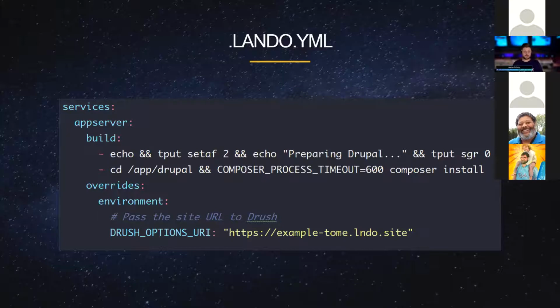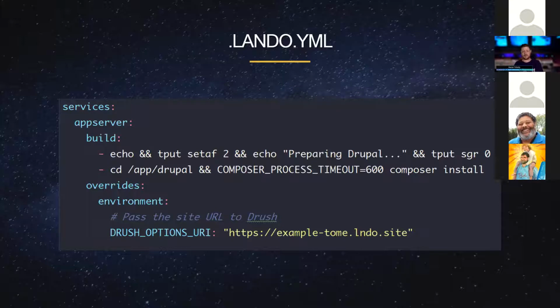So actually, App Server is just our Apache and PHP. So what I'm doing here is I want to add some functionality to App Server. I'm saying that during the build step, when Lando has downloaded the service, built the container, started running it, you can add some commands in there, things that you want it to run.